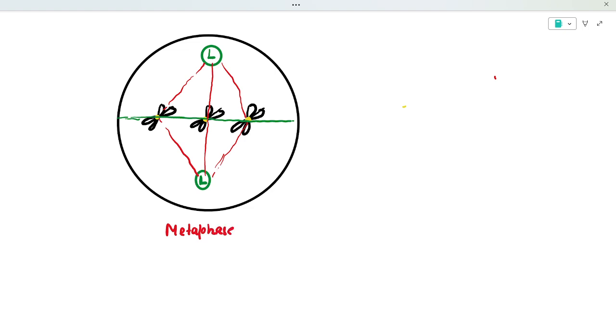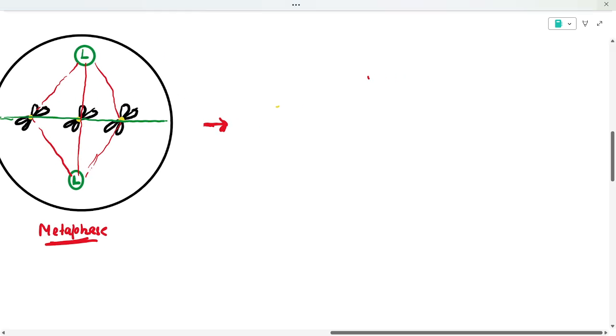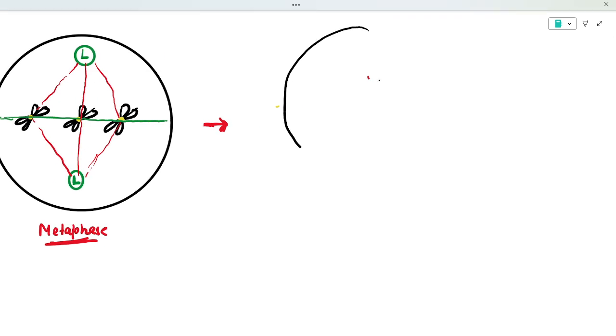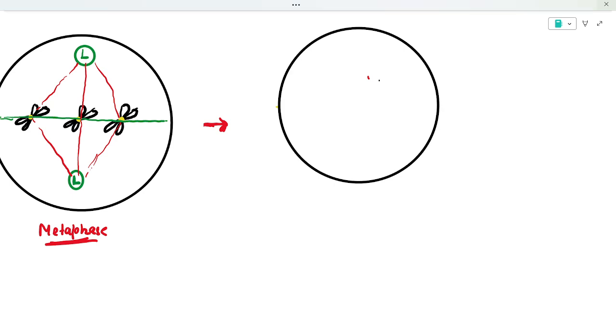So what's happening in the case of anaphase with respect to the chromosomal movements? Firstly, there will be separation of the chromosome. These sister chromatids get separated.